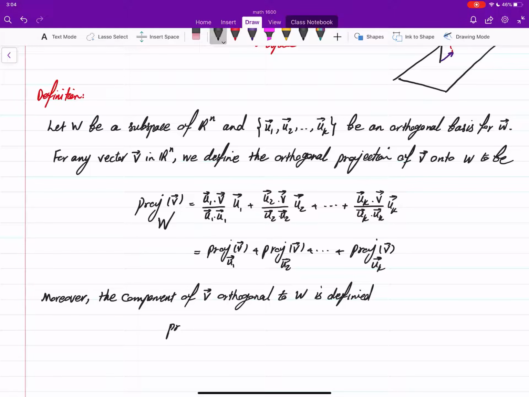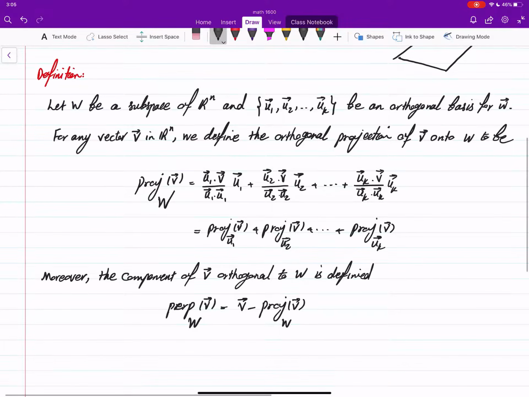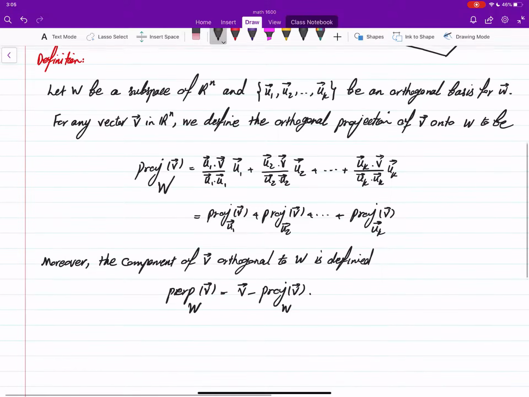This is perp of v over W. Compared to projection of v over W, we've defined perp of v over W. This is going to be v minus just projection of v onto W. Well, we will study the properties of these and why they are important.